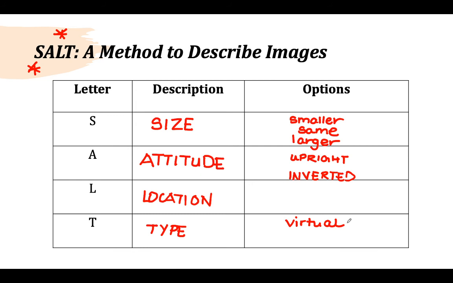That is what we mentioned earlier. There's also another option, which is a real image, which we will look at when we do our next lesson. So for SALT, SALT is a method to describe images. It's an acronym that stands for size, attitude, location, and type. And we would use this anytime we create an image or we draw an image. We are describing the image using SALT.